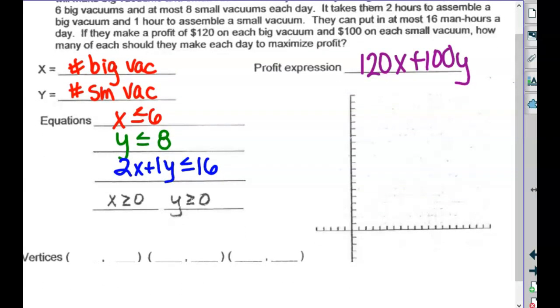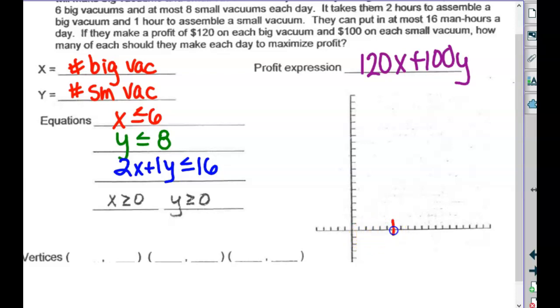All right, constraints. I have read X is less than or equal to 6. What is an X equals line? Vertical or horizontal? It crosses the X at 6.